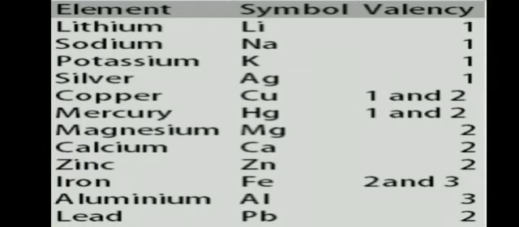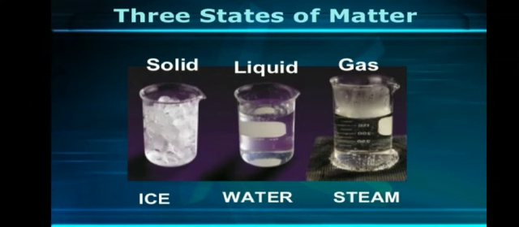So these are some of the atomicities of the elements. See, for instance, lithium has an atomicity of 1, potassium 1, copper may be 1 or 2, magnesium is 2, and iron is 2 or 3.